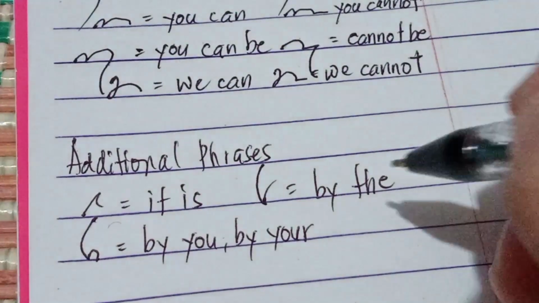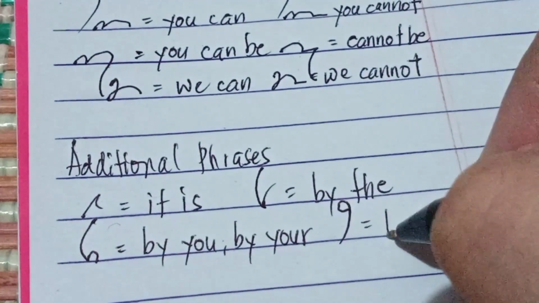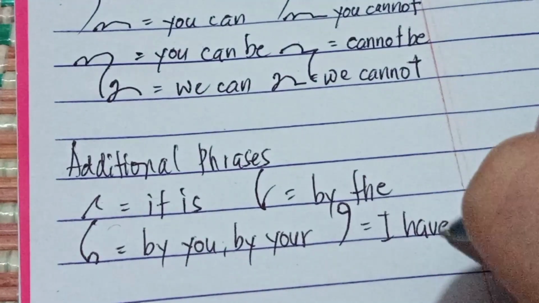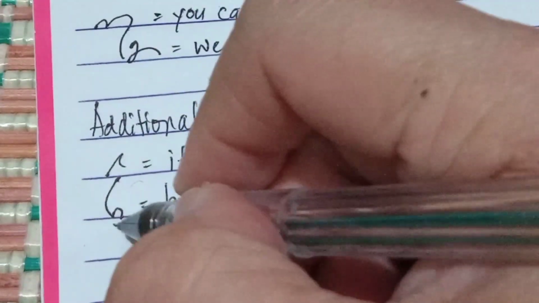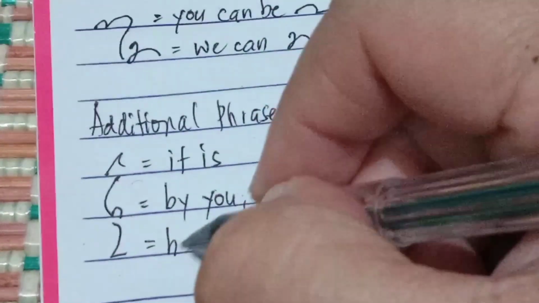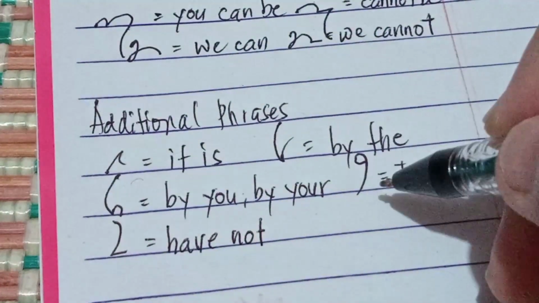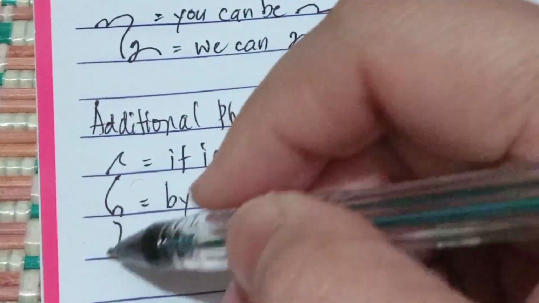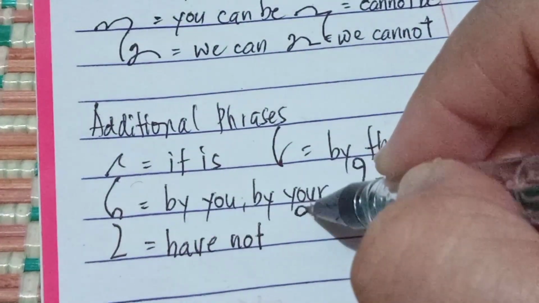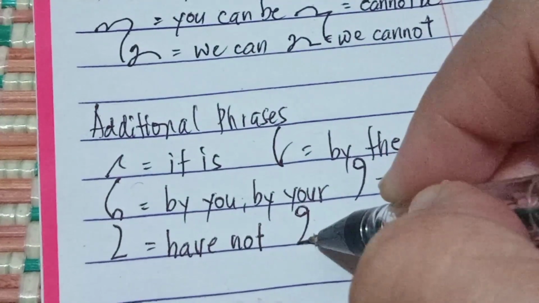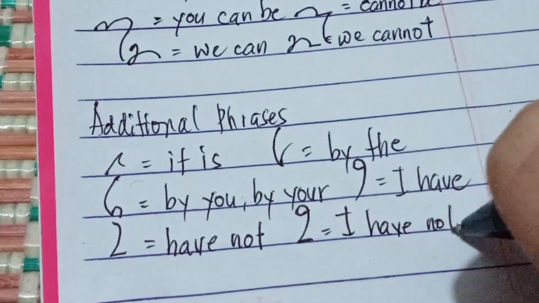How about if I write I, tsaka have, so ito po ay pwedeng I have. Then, this one, have and not, so this is have not. Okay, then if I write I have and not, so this is I have not.